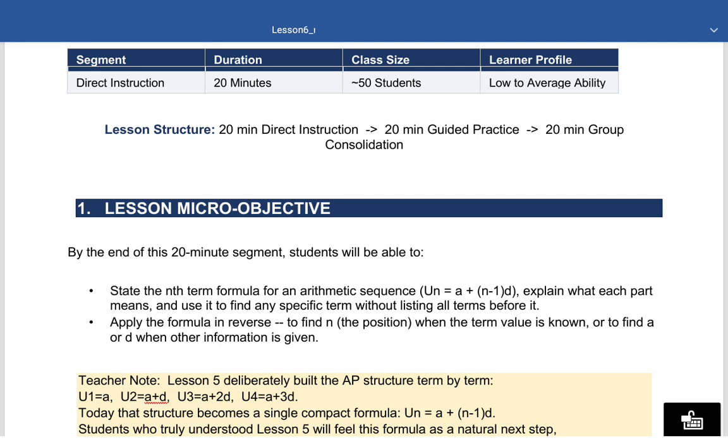We can easily find the nth term. This time we want to use the formula to find any other term.